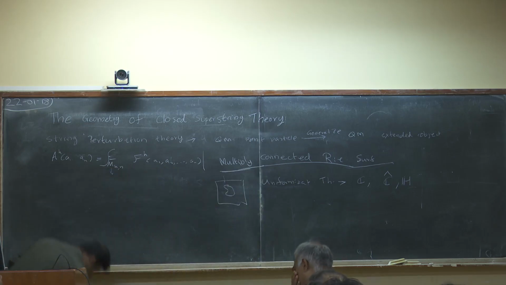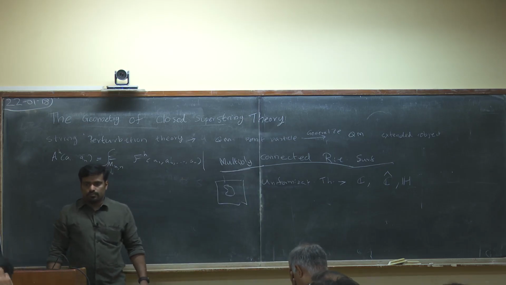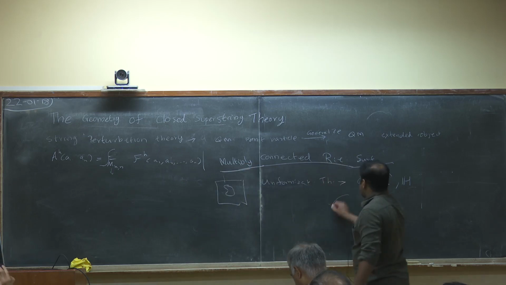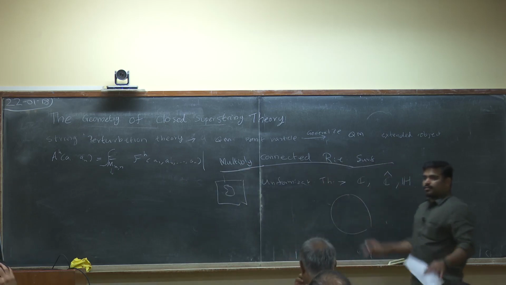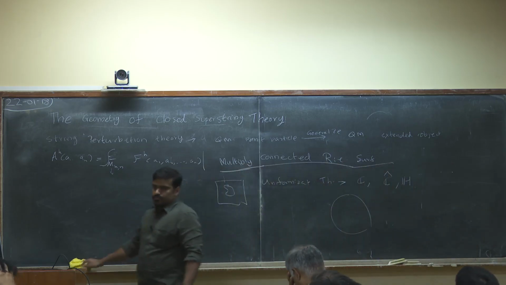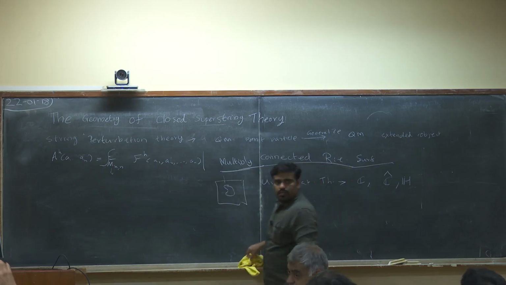But when you regard the complex plane as a Riemann surface, how is infinity being thought of? You can think of it like a disk with infinite radius. The complex plane is the same as a disk, a disk with infinite radius.